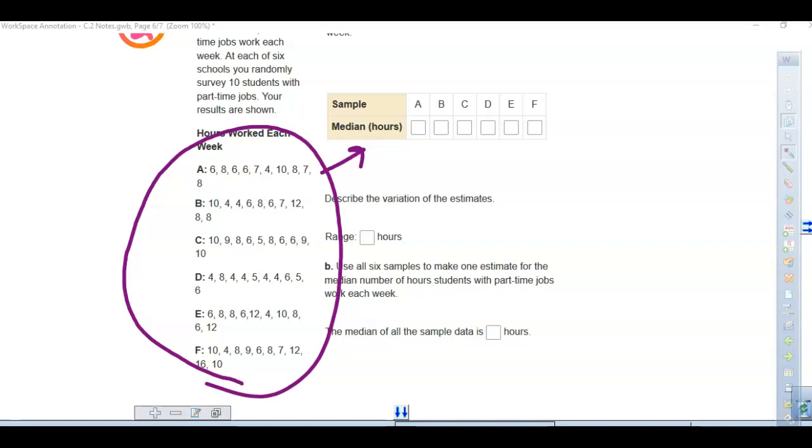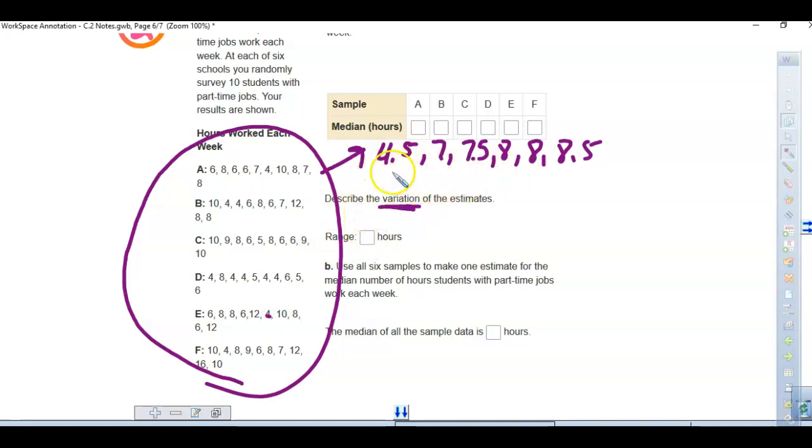Good. So you would have gotten 4.5, 7, 7.5, 8, 8.5. Measure of variation, our range.